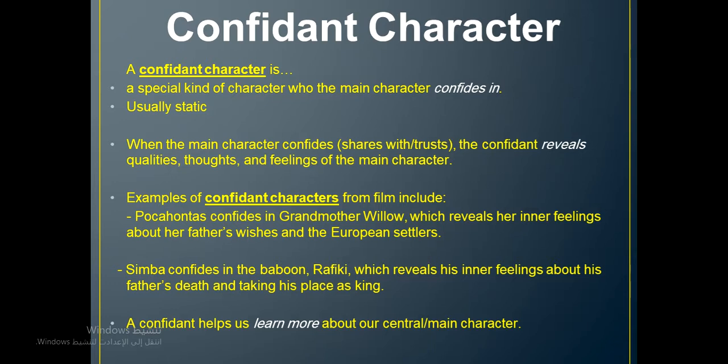A confidant character in the story could be Frankenstein's friend Clerval, whom Frankenstein confides in and trusts. If you remember, when he was sick after his creation of the monster, he went to Clerval, who nurses him and takes care of him.